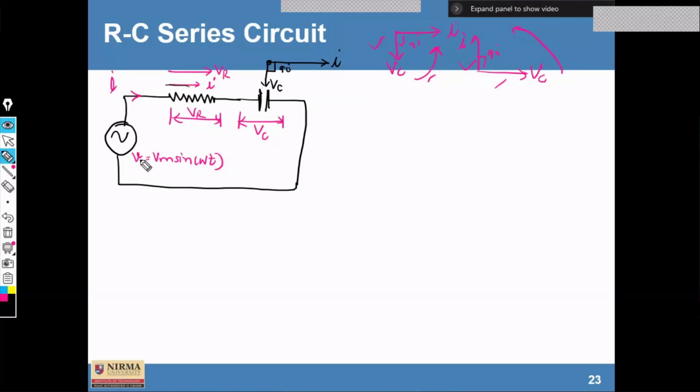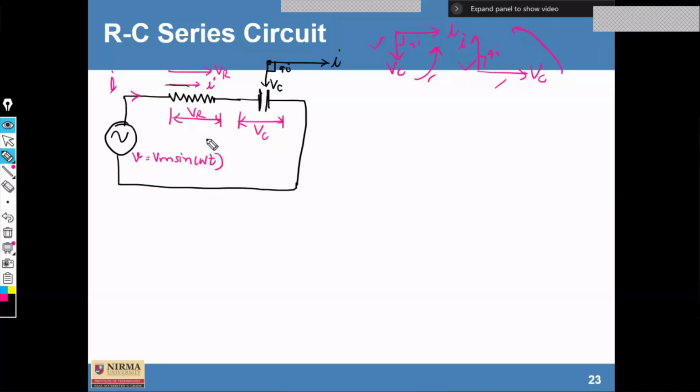V is the RMS value of voltage, I is the RMS current flowing through it, VR is the voltage drop across the resistor, and VC is the voltage drop across the capacitor. From all this, we can derive the various expressions of voltage, current, impedance, power factor, and power also.